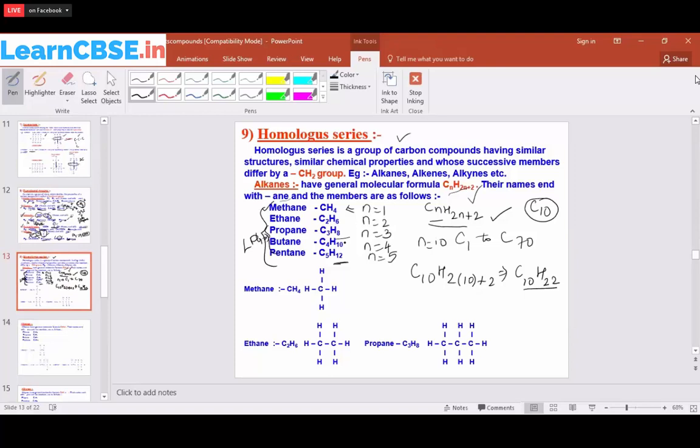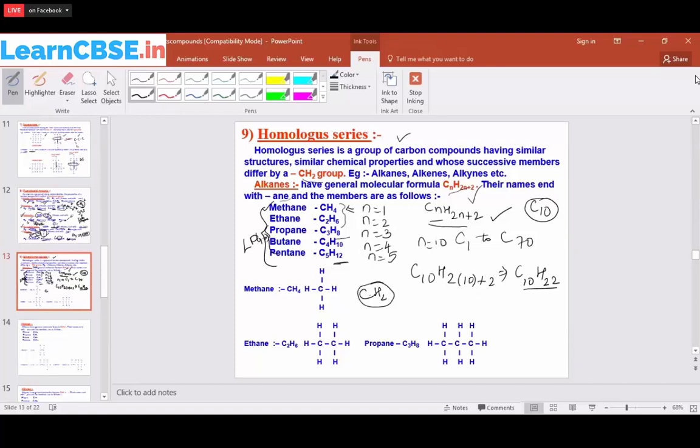And also, what is meant by whose successive members differ by the CH2 group? Here we take methane and ethane. What is the difference between these two? One is CH4, another one is C2H6. What is the difference? C, and H6 minus H4, so H2.